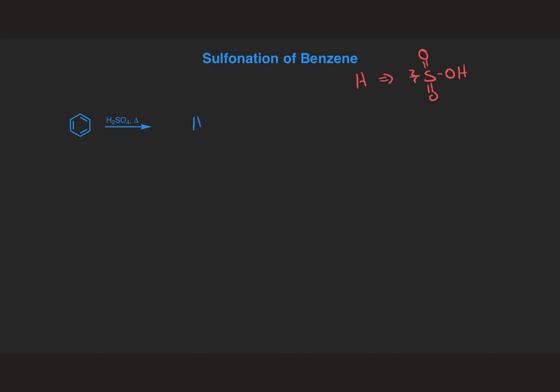To do this, it's going to look very similar to the generation of the nitronium ion. One sulfuric acid is going to react with another molecule of sulfuric acid and pick up a proton.